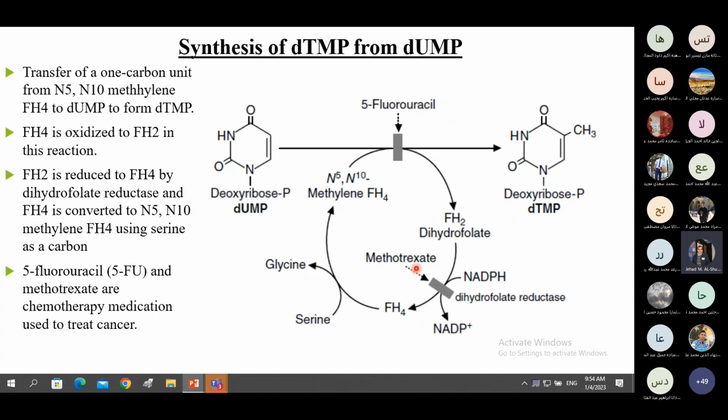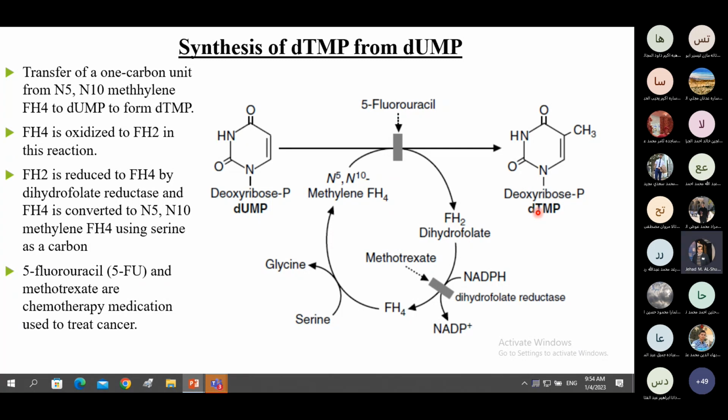And as you know, cancer is uncontrolled cell division. If we block the cell division, we cure the cancer. Thus, if we prevent FH4 from donating its one carbon group to dUMP, it will not be converted to dTMP.